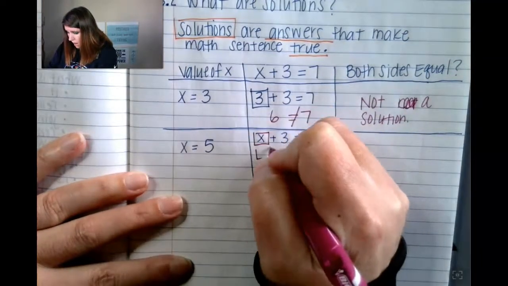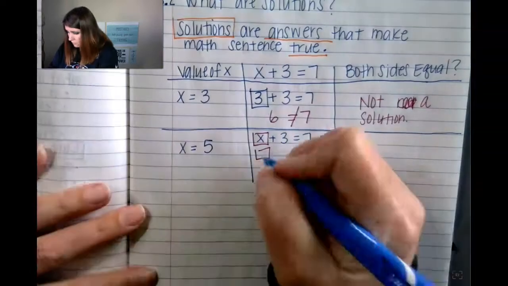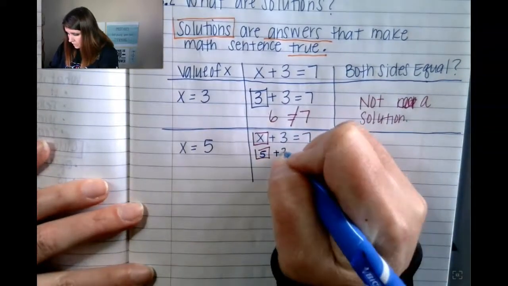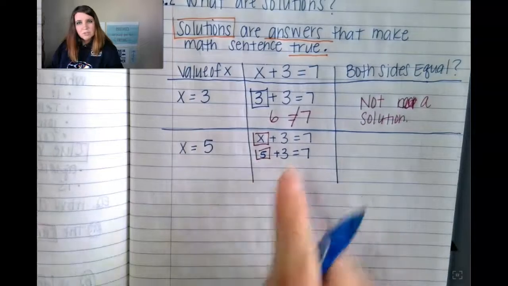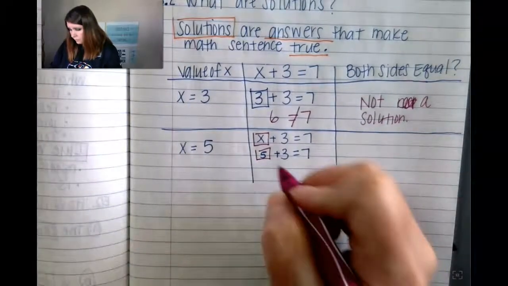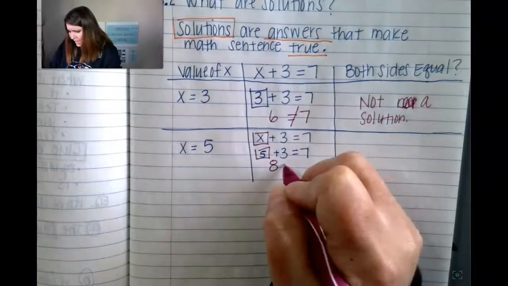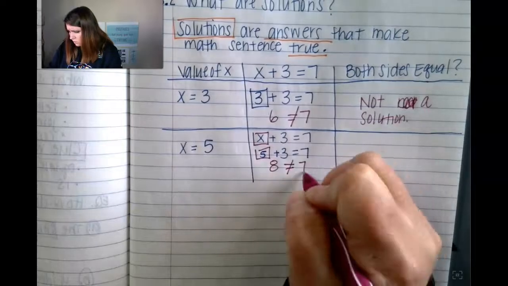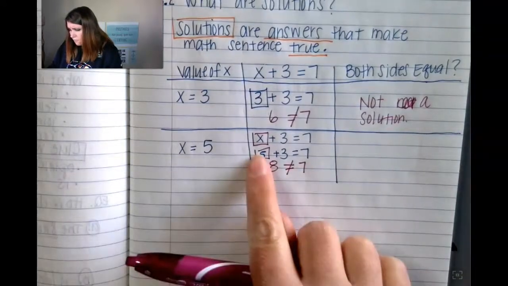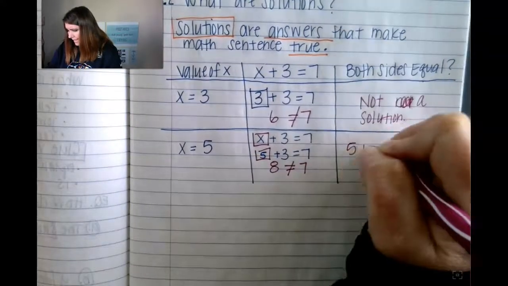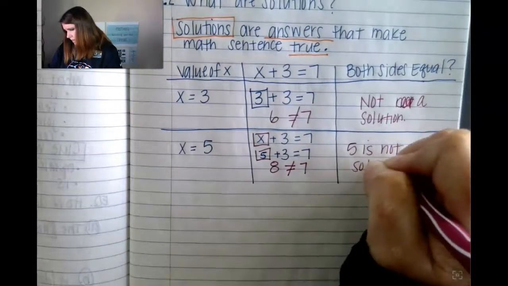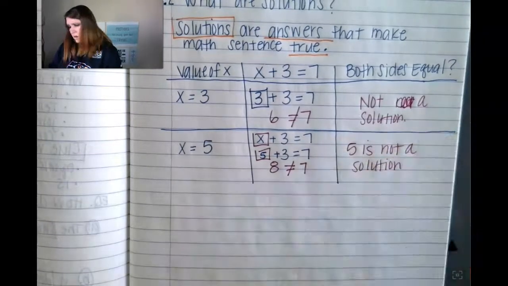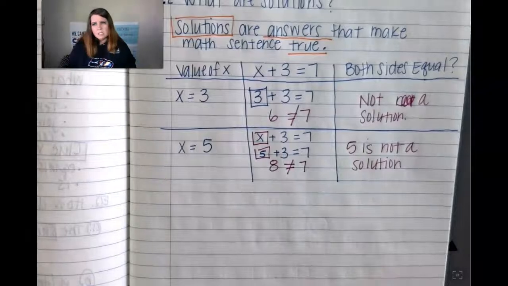And so in our box, we put the number 5 plus 3 equals 7. What does 5 plus 3 equal? That equals 8. And 8 is not equal to 7. So 5 is not a solution. It cannot work. 5 is not a solution.